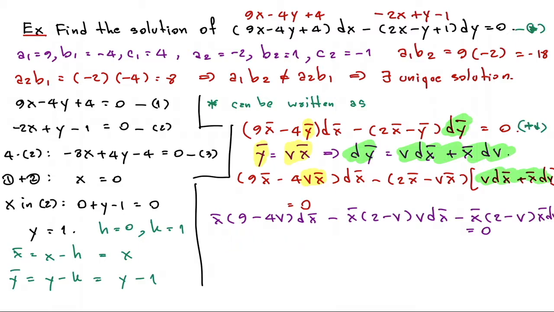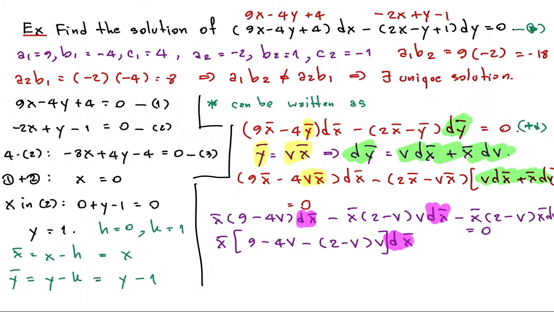It's gonna be x bar 9 minus 4v minus 2 minus v dx bar. Make sense? I group this guy together, so I get dx bar here. Okay, and here I probably should use a bigger bracket. Make sense?